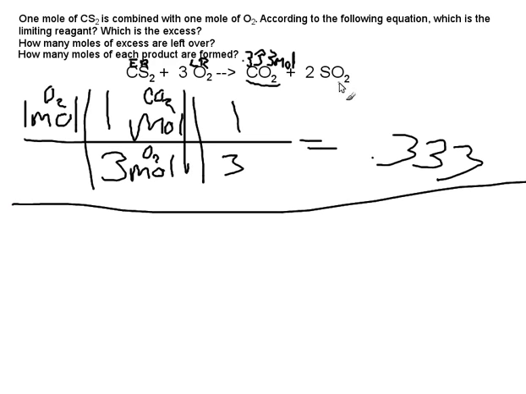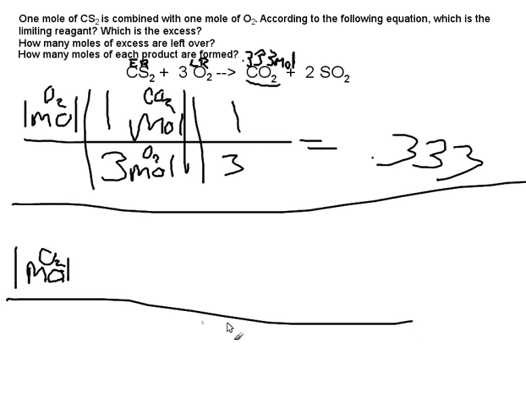But now we're going to go for SO2. Now, we're going to start out the same way. 1 mole of O2. I swear, the longer I spend using this mouse, the worse I get. Okay, anyways.